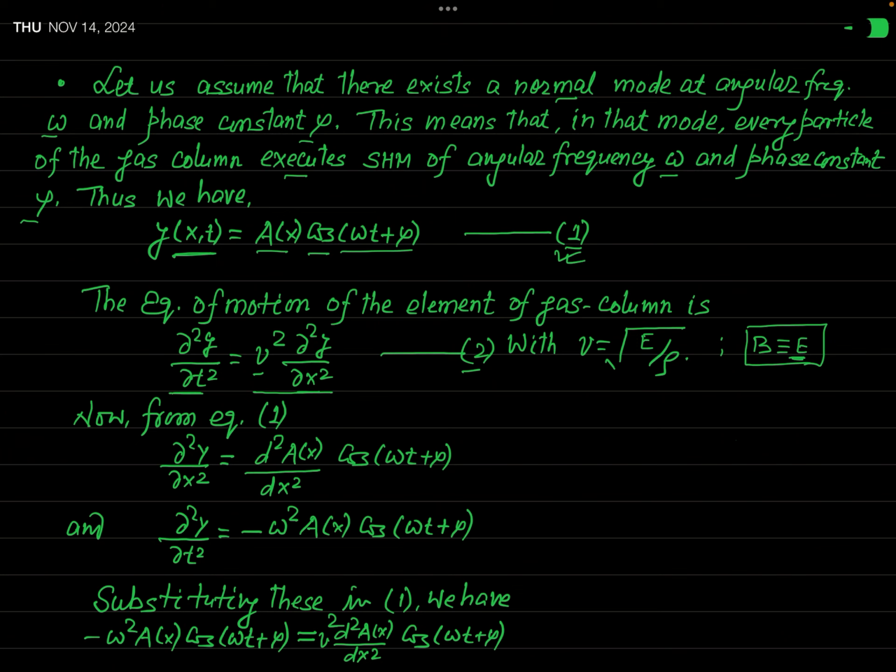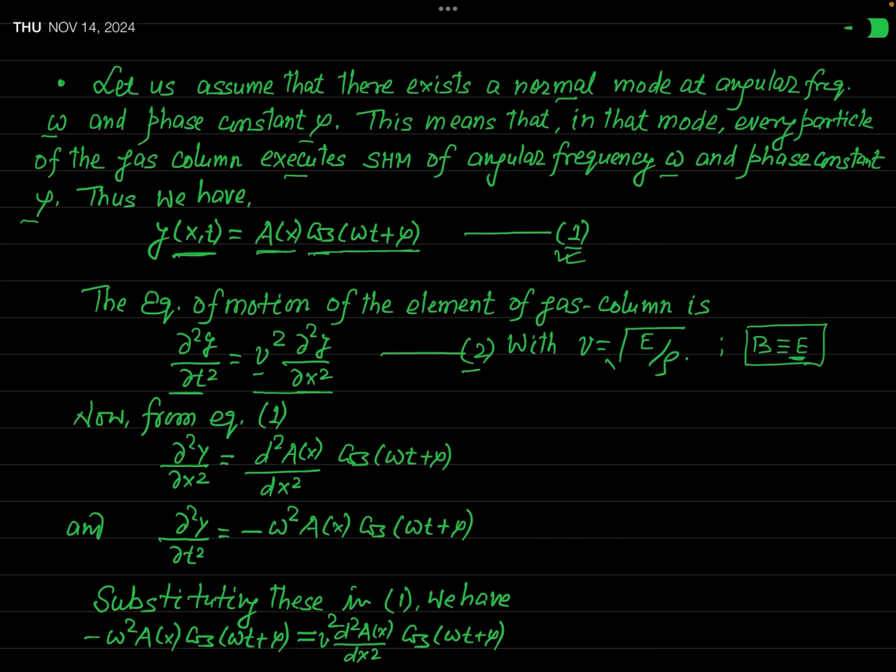As you can see, if you will differentiate this y 2 times with respect to x partially, keeping t constant, then this cosine of omega t plus phi, this factor will be treated as a constant. Only this a of x will be differentiated. Since a is only a function of x, it is independent of t.